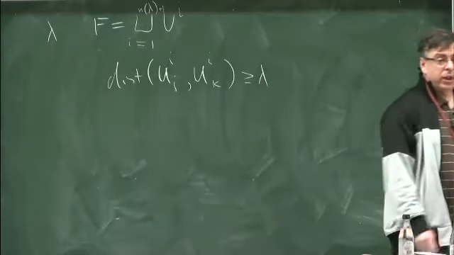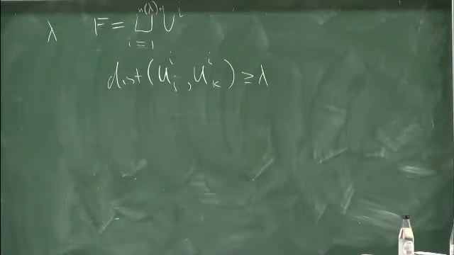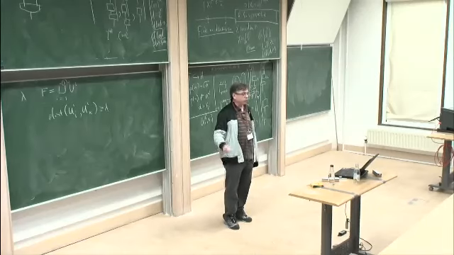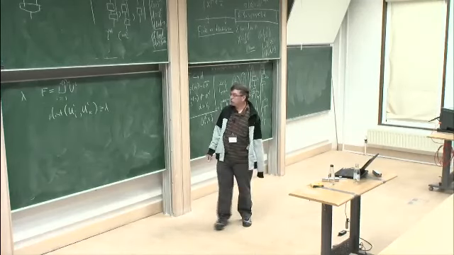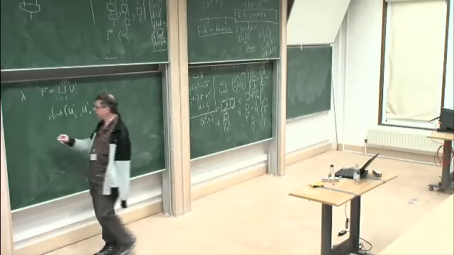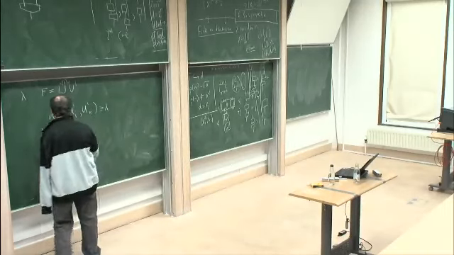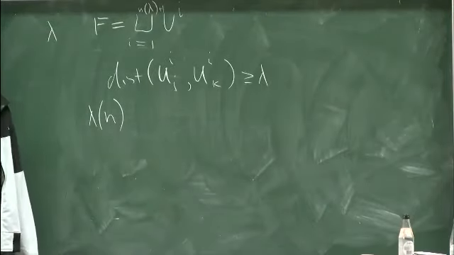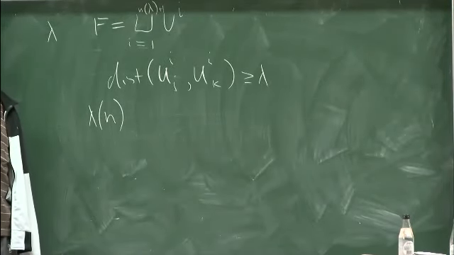Now let n depend on lambda. We know that we don't have a constant function. So what is this function? Let's take the minimum n for each lambda, this function n of lambda. The question is, what is it?